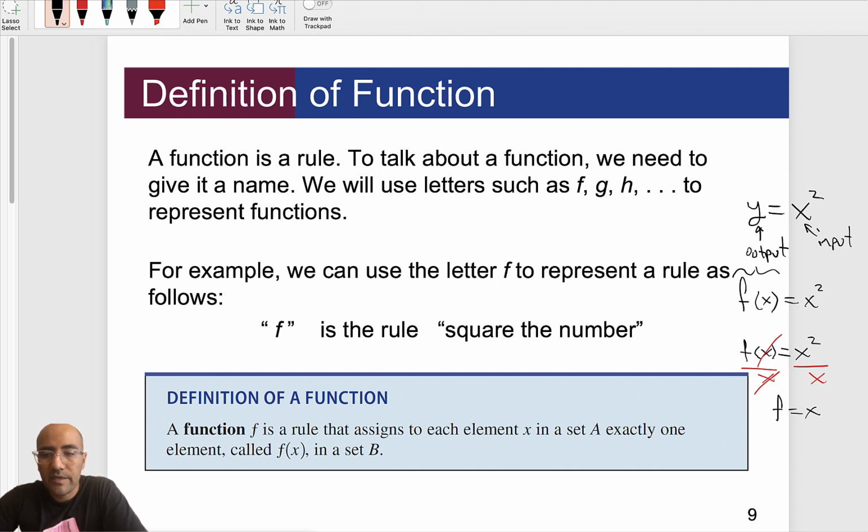And it's going to be a rule where the input value x is assigned to one output value f of x. The set of input values is called the domain, and typically we use capital letters to represent sets. So often we use set A to be the domain, and set B to be the range.